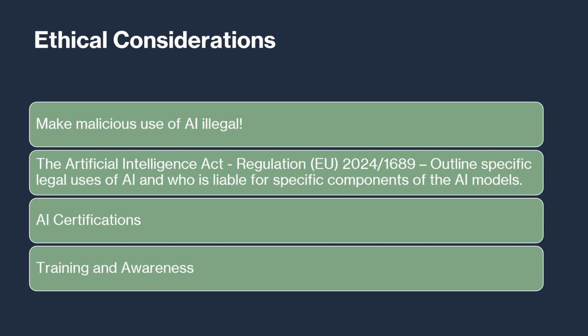We need to make sure that people are aware that stuff is stored somewhere. So don't give out personal information because it could be stolen or sold. So just make sure that we have a good training and awareness program out there.